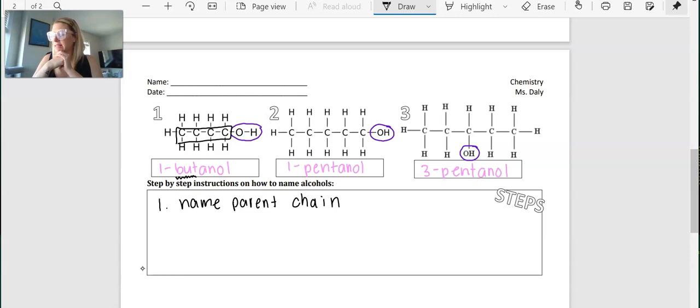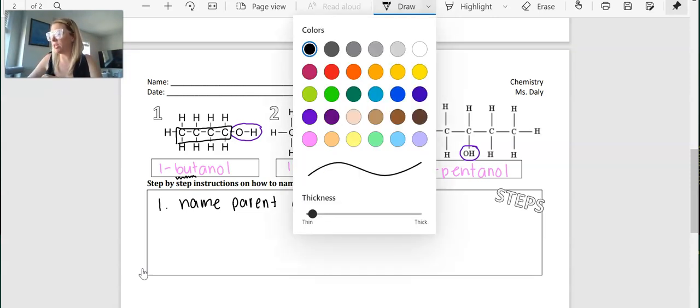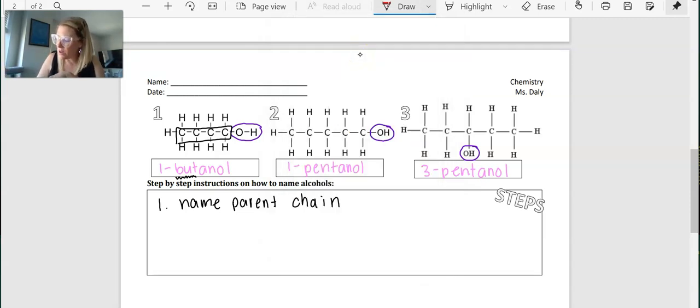And next thing that we want to do is give our parent chain an ending. And because our parent chain has this -anol at the end, where do we think that comes from? Why the ending -anol? Okay, and it comes from this fact that it's an alcohol. So name the parent chain plus -anol because it's an alcohol.